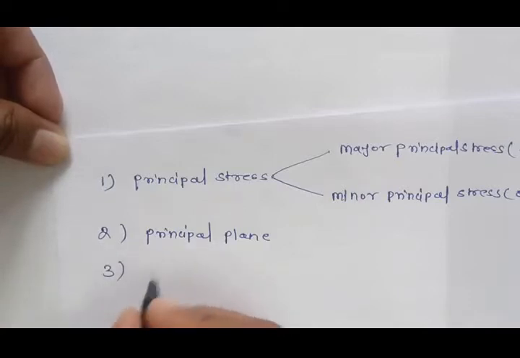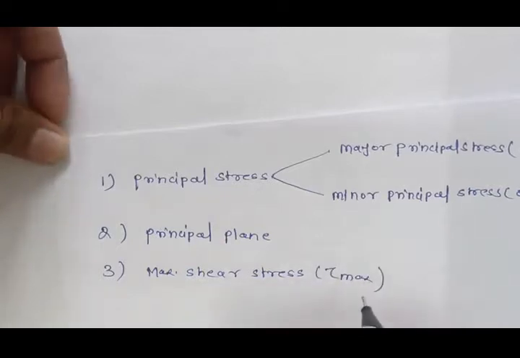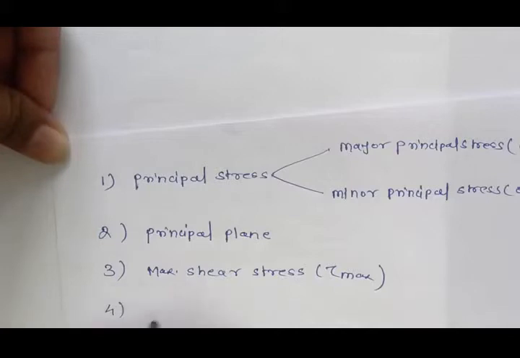Then the maximum shear stress, how to locate the maximum shear stress, that is tau max, in the Mohr circle. Then the plane of maximum shear stress.